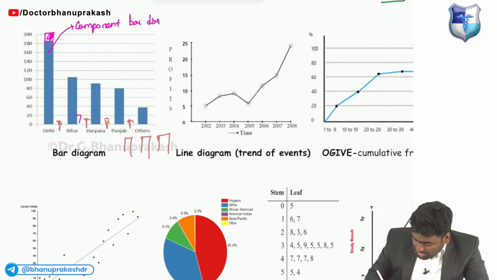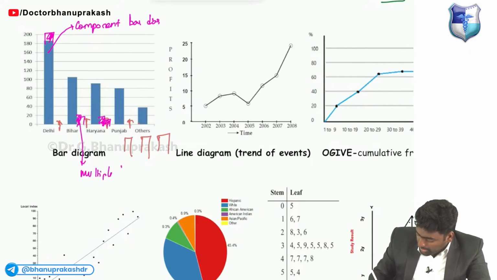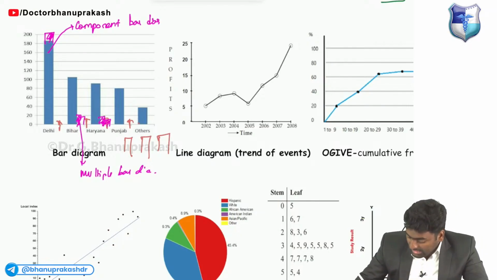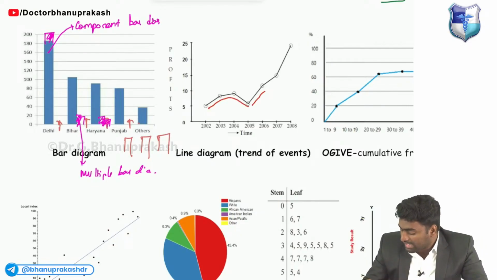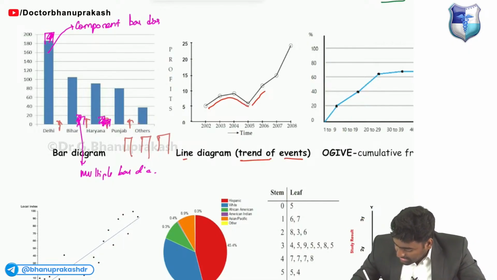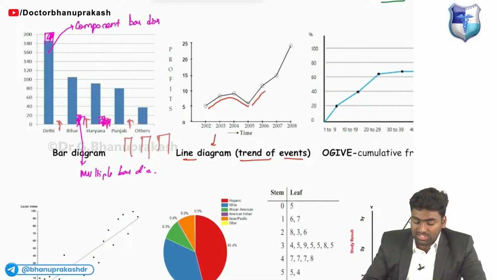If it is two or three things together, we'll call it a multiple bar diagram, okay. And next, to know the trend of events or the trend of a disease, we'll use the line diagram, okay. Based on the trend it will change.